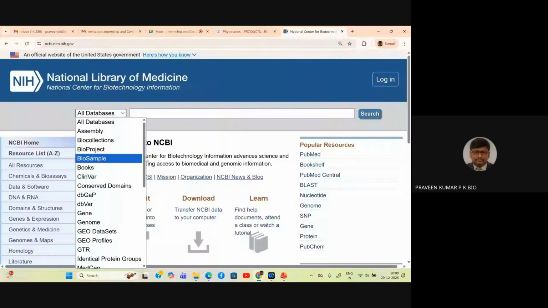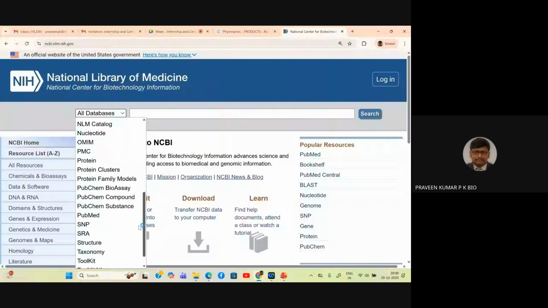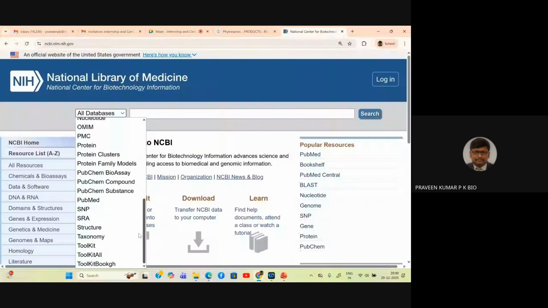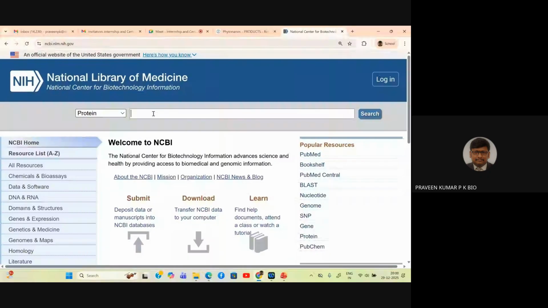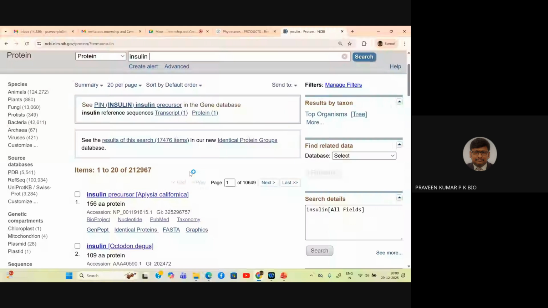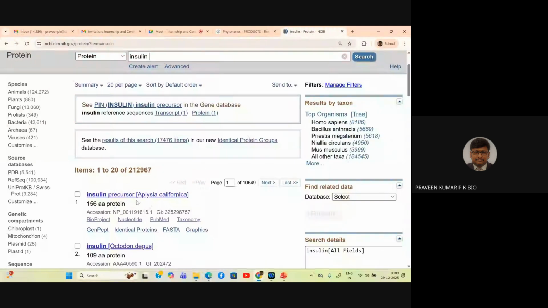Here you can see plenty of information in the NCBI database. If we majorly work on protein targets, first I'll show you proteins. If I type a protein called insulin, it generally takes you to GenPept.